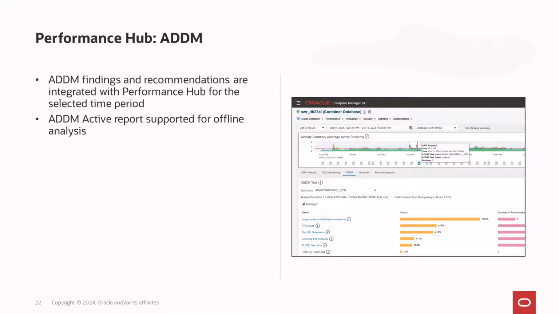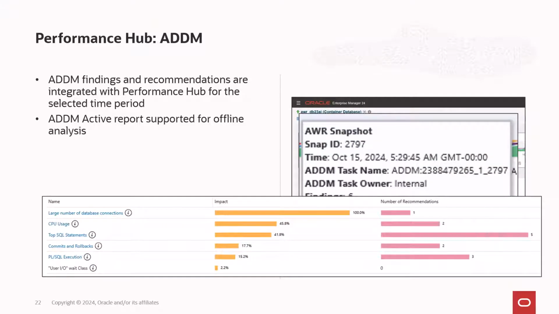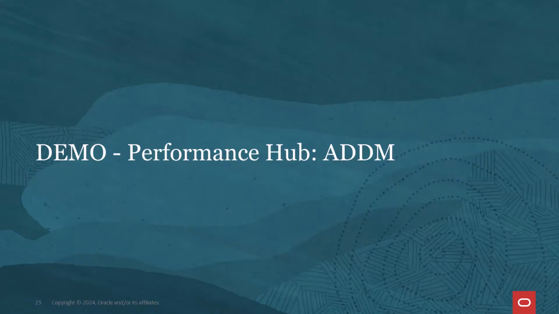ADDM tab. Another enhancement is the ADDM tab integration within Performance Hub, providing a single interface for analyzing any chosen time window. In the ADDM tab, you can quickly view findings and recommendations for a selected ADDM task, along with the details on snapshot IDs and times. To demonstrate, I'll show you the ADDM tab in Performance Hub.